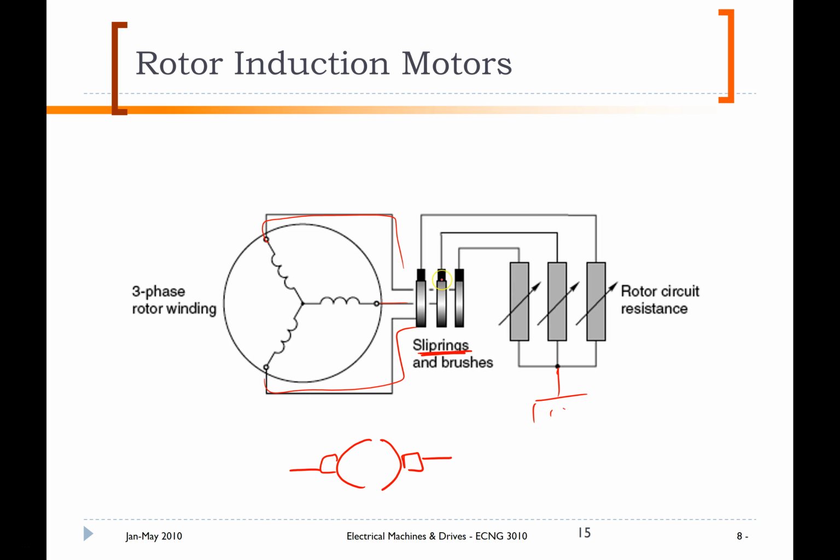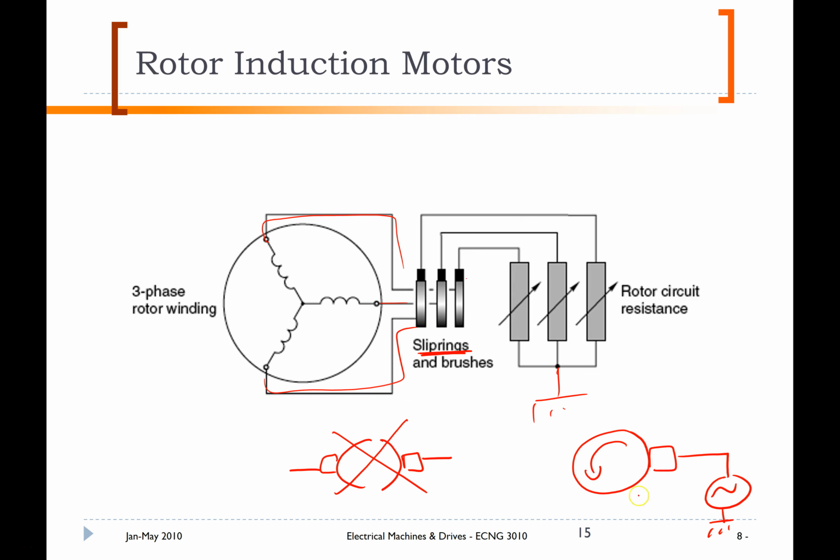Here we have each phase on a different ring, and the reason for that is simply these rings allow you to connect a stationary system to a rotating system.